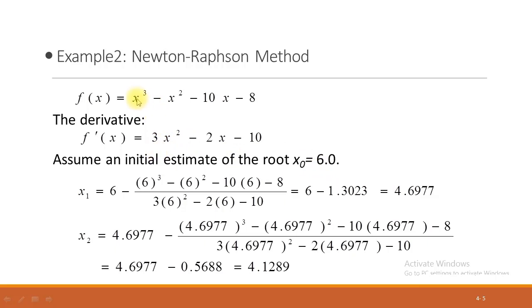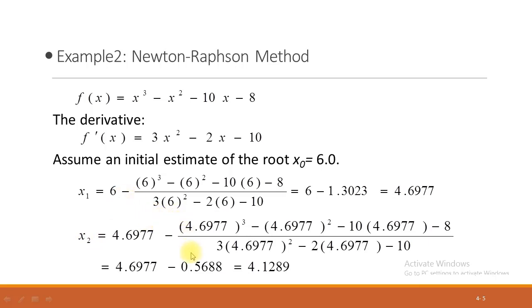So putting the value of x naught cube minus x naught square minus 10 into x naught value minus 8, divided by the derivative of the function 3x naught square minus 2x naught minus 10, and after simplification we obtain the value of x1 is 4.6977.